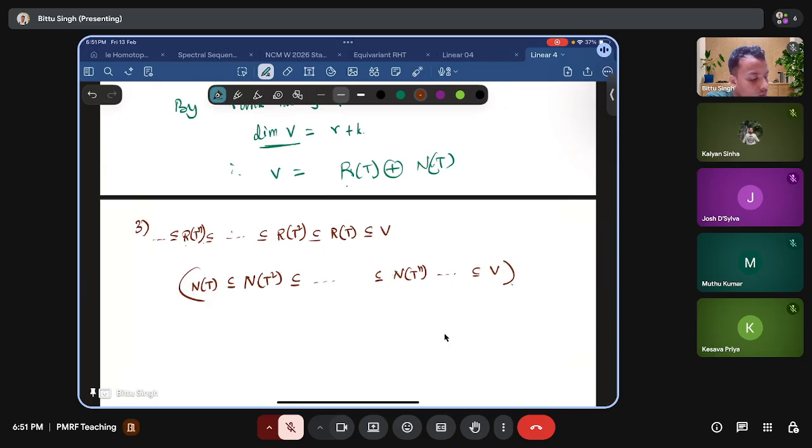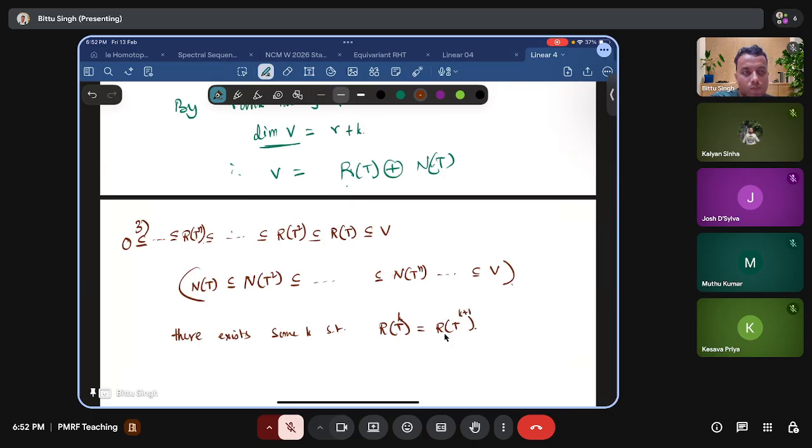So ranges are actually shrinking. Range of T to the power n will be a subspace of range of T square, and so on. So from here it is clear that there should be a bound. So there exists some k such that range of T to the power k is the same as range of T to the power k plus 1.